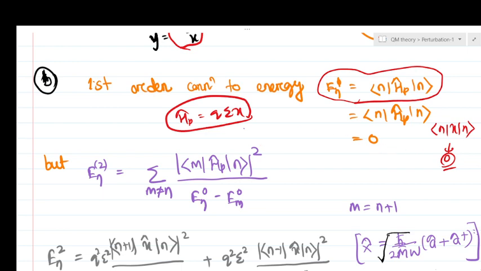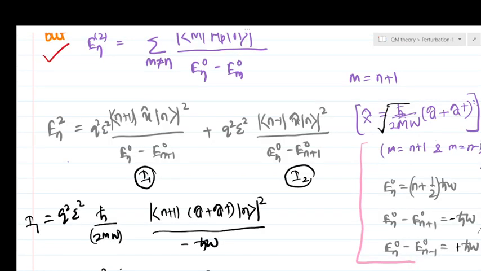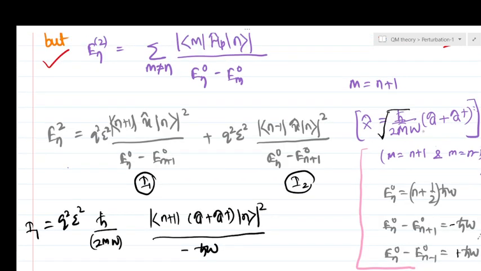So you have to see the second order energy, which is the sum over m not equal to n of the inner product between the different states, the whole mod square, divided by En0 minus Em0. Okay, in a harmonic oscillator x cap can be written as root of h bar by 2m omega, into a cap plus a cap dagger.